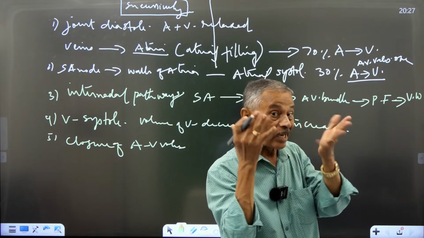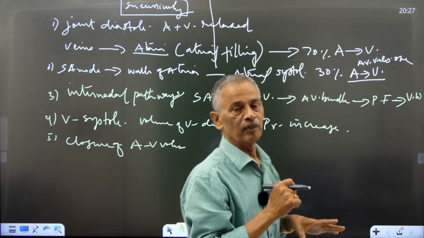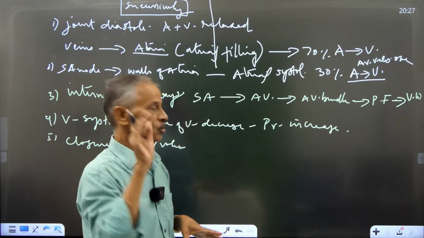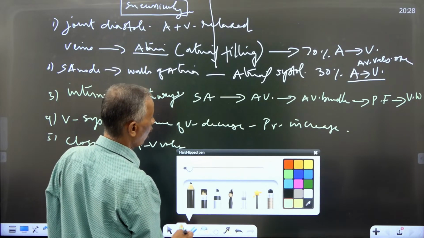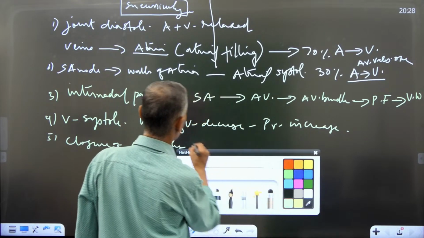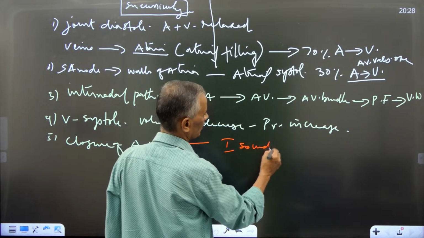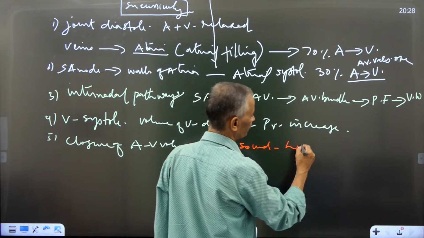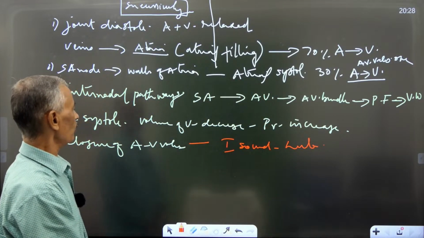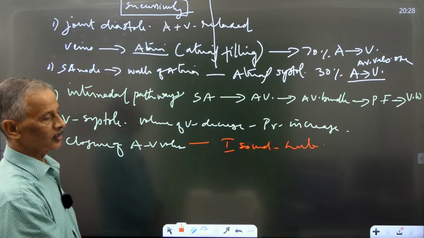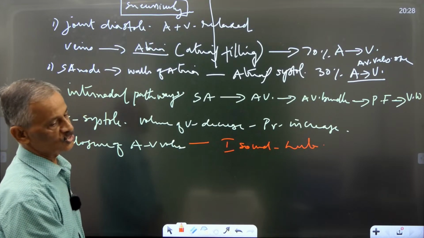So, blood cannot flow back from ventricle to the atria because the openings are closed. The closure of the AV valves will cause a great sound. That is the first sound of the heart, which is called the lub sound. First sound is caused because of the closure of the AV valves. AV valves close when ventricle begins its systole.